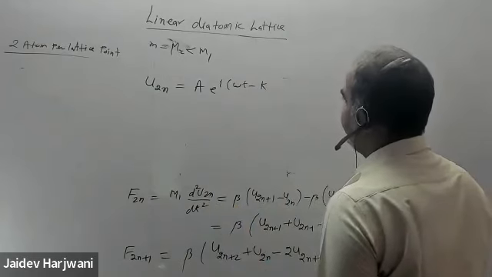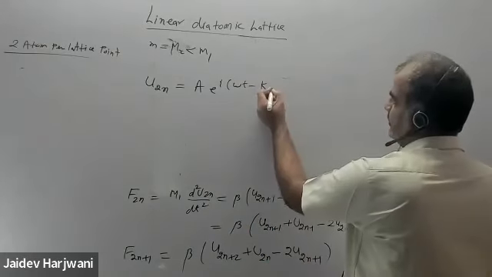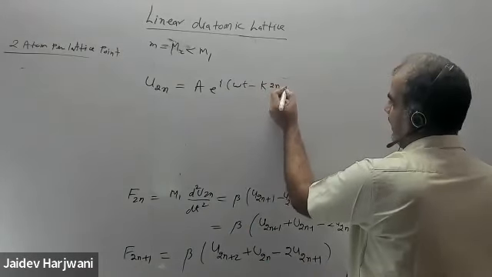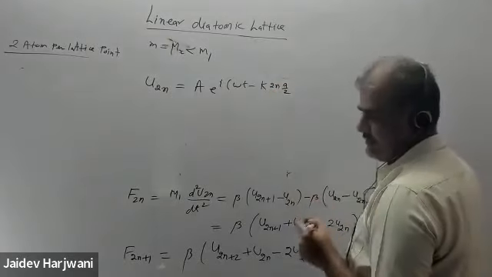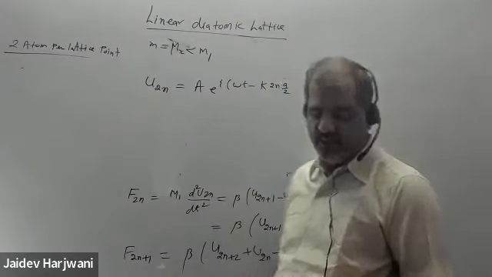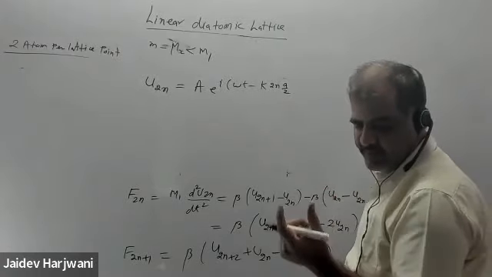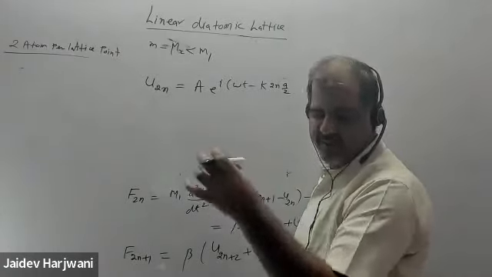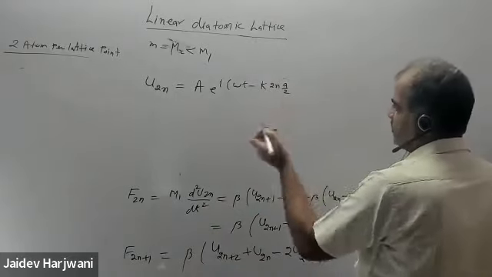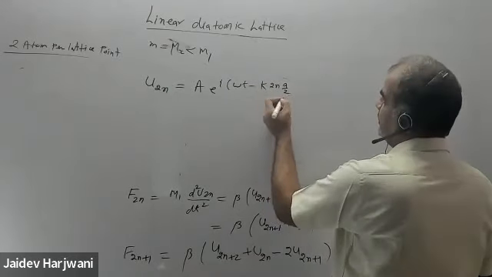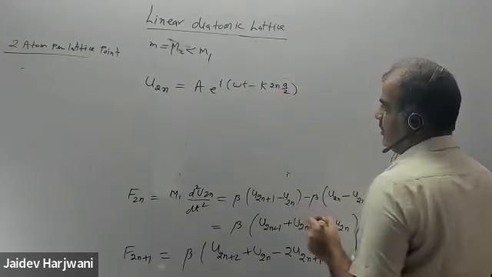The value of x is 2n times a by 2. The lattice constant was a, and I said a by 2, so n comes back. You can write the lattice constant as 2a also, so I am representing the lattice constant by a, with a by 2 distance. It is your choice, you can write both ways. So this will be your u2n.